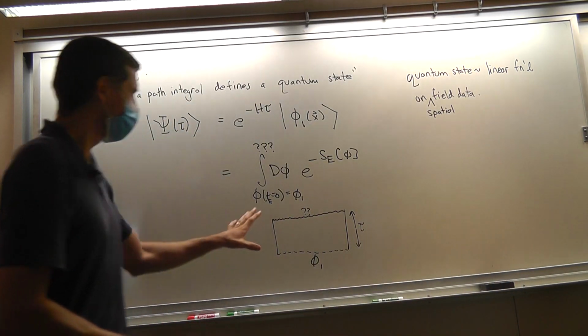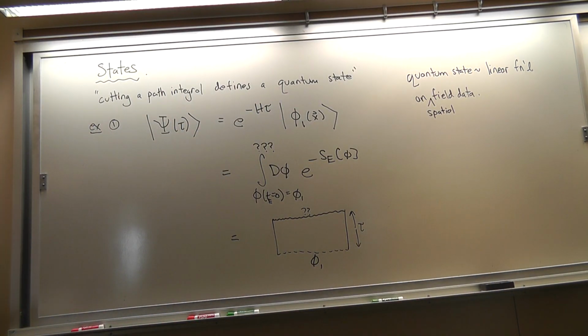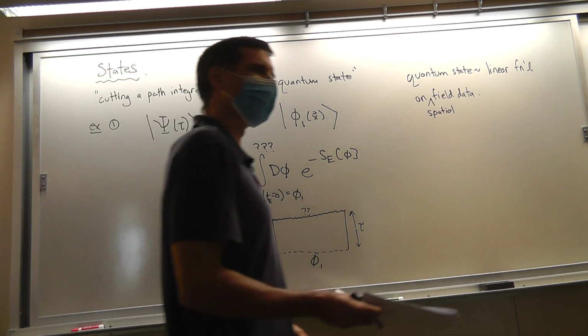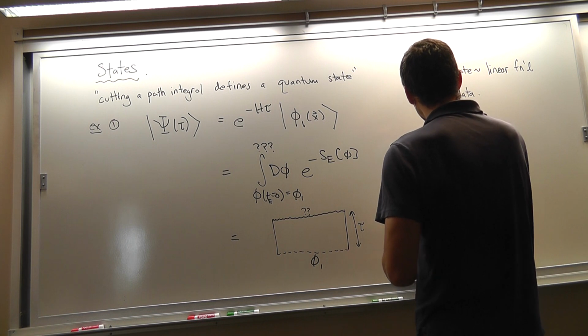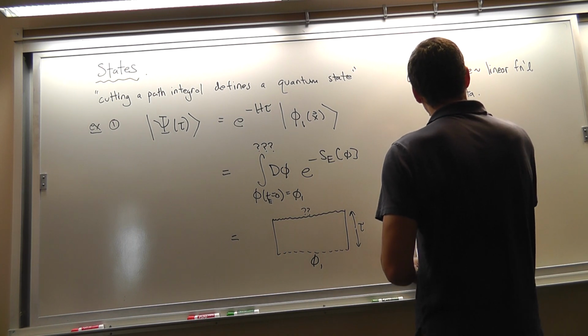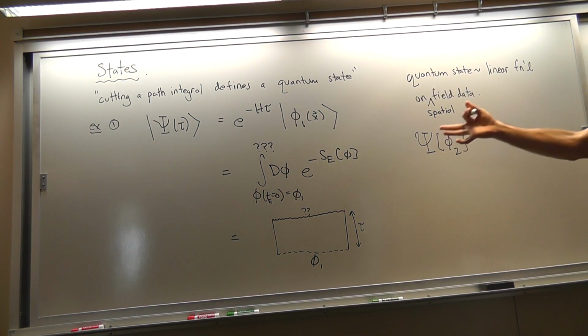And what this kind of path integral gives you is a recipe for calculating the overlaps of that state with field data. So in this case, it tells you how to calculate the wave functional of your state.